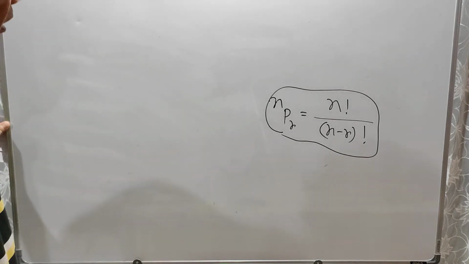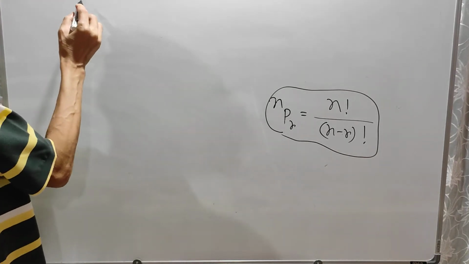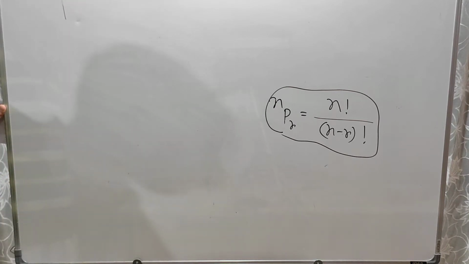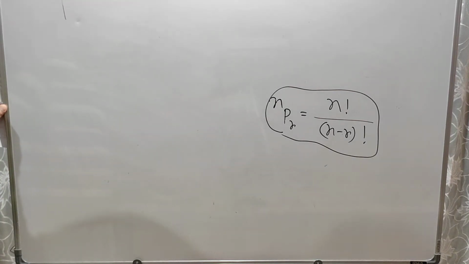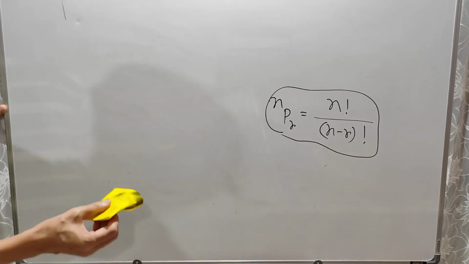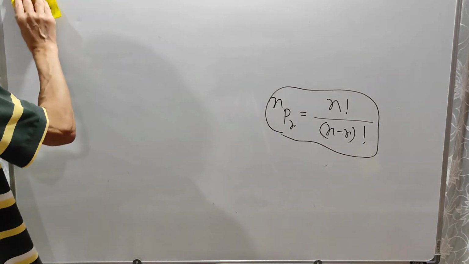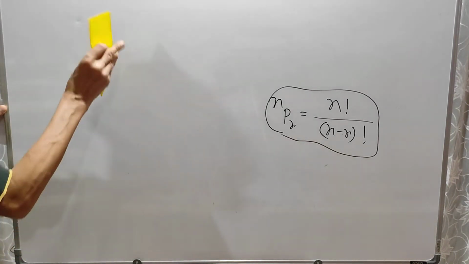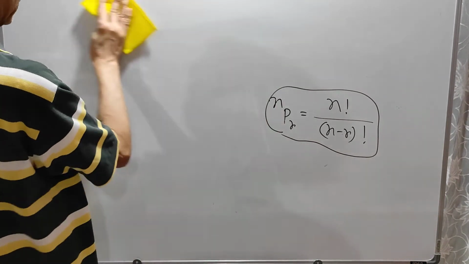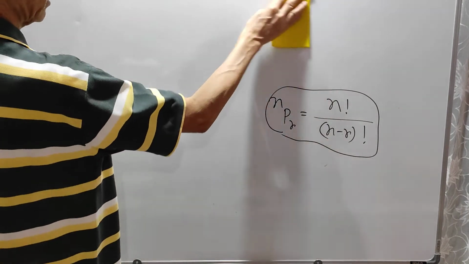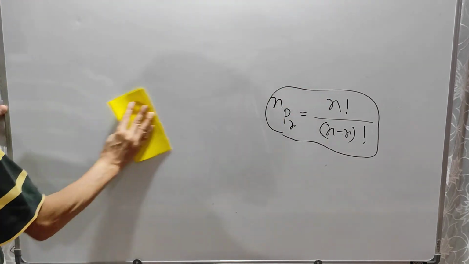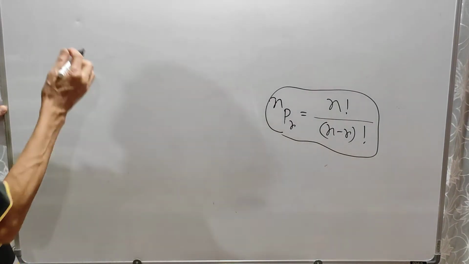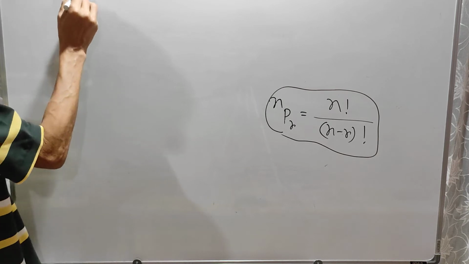All right. For example, suppose there are 3 seats. Suppose there are 3 chairs and there are 4 students. Now you want to make them sit.